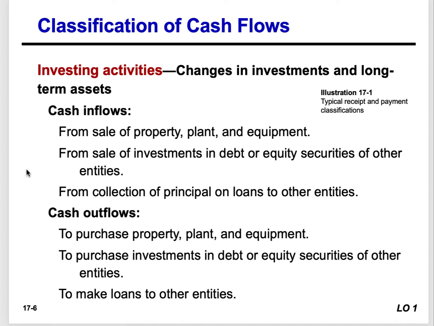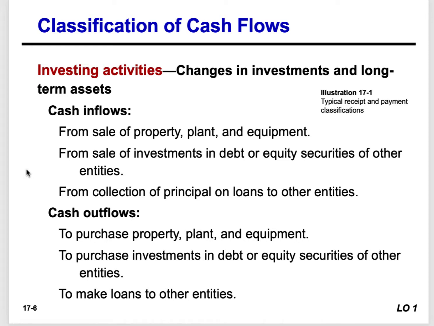Same thing with investing activities. When we're talking about investing activities, again, those are changes in investments in long-term assets. You got to know that. What's that mean? Well, did I buy or did I sell any investments or any long-term assets? If I sold property, plant, equipment, that's obviously an inflow, because I sold that stuff, I'm getting cash inflow. I think that part's pretty easy.